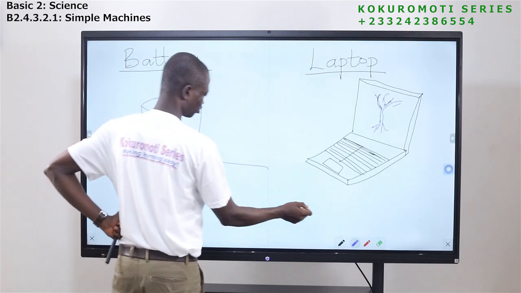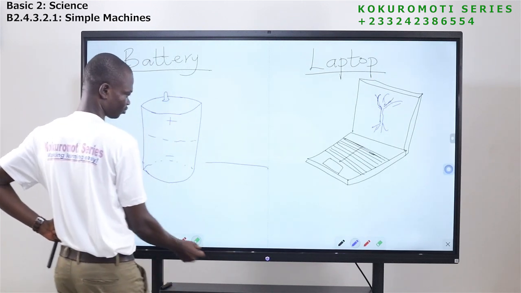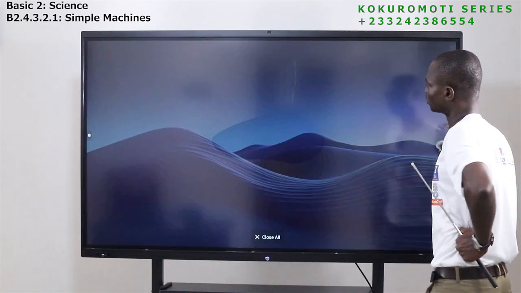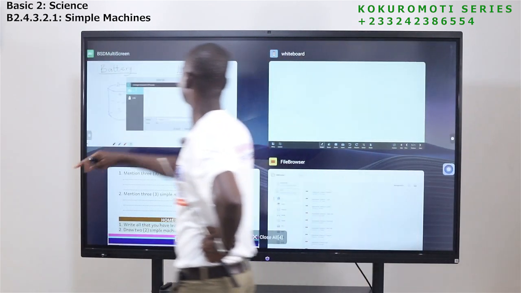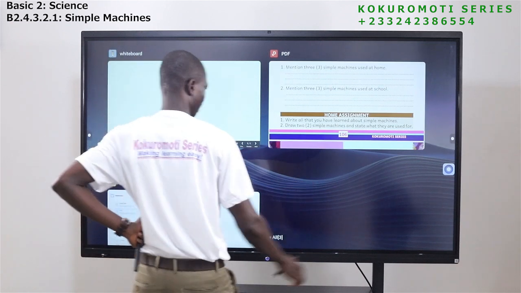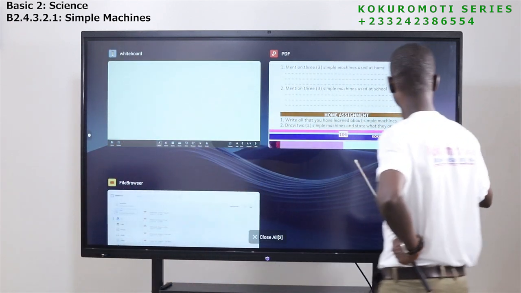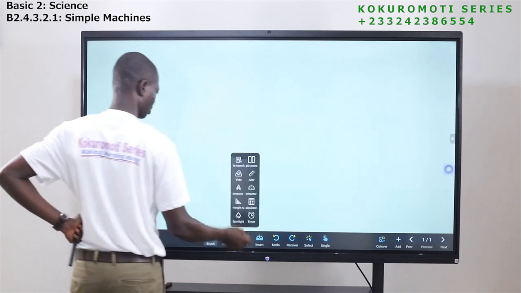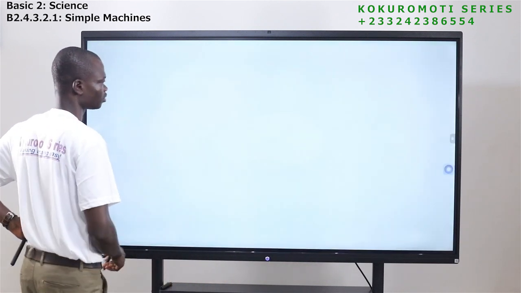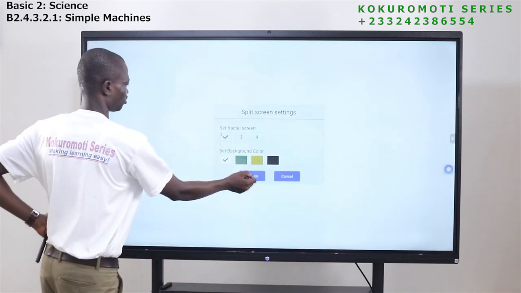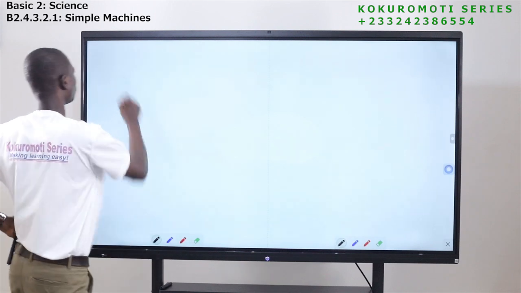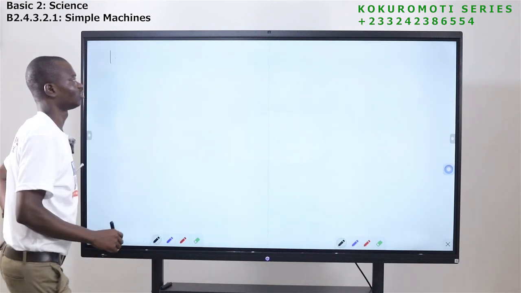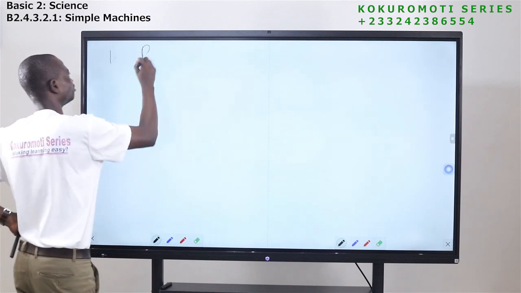Two simple machines and what they are used for. So one, broom.